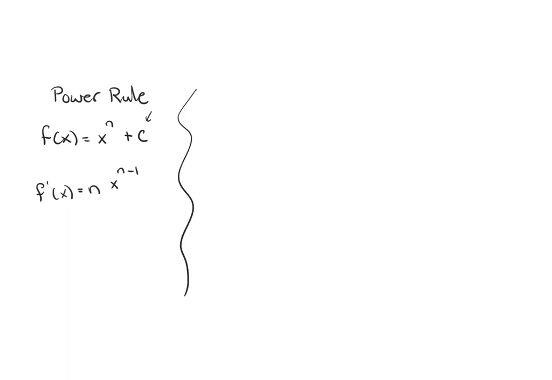So now what we're doing is, if we have f of x, we're going backwards. So the power rule in reverse. So let's say we start with x to the n. Then going backwards, the integral, we have to add 1 to our power and then divide by that power.